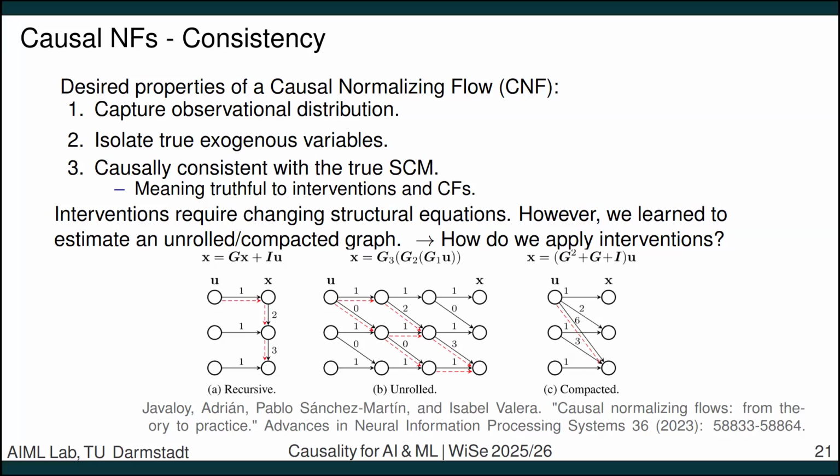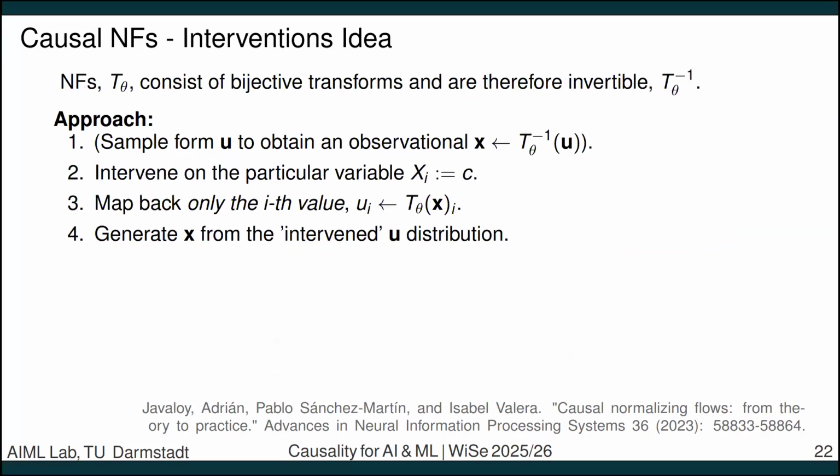And now if we have this, we can just forward our process again to obtain the intervened X. So maybe more formally, either we are given some observation and we first infer the U's using the inverse normalizing flow, or we just sample a random U from our Gaussians. Then we obtain our observed vector in the first step.